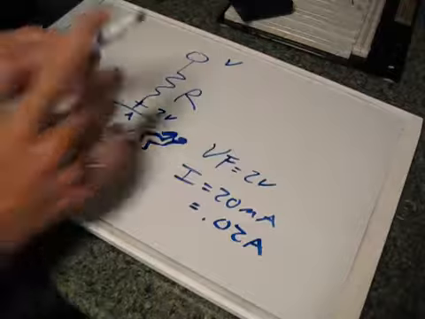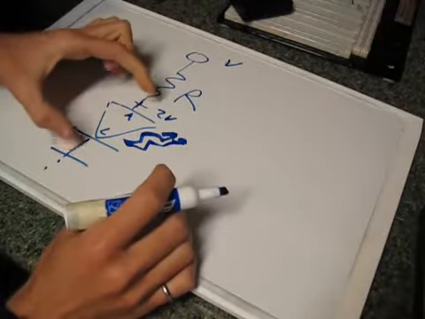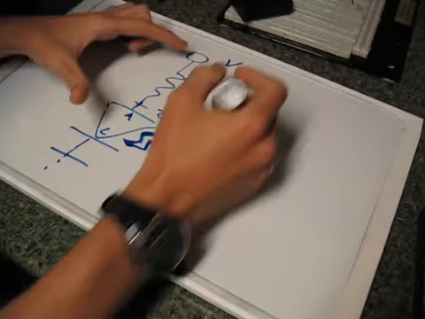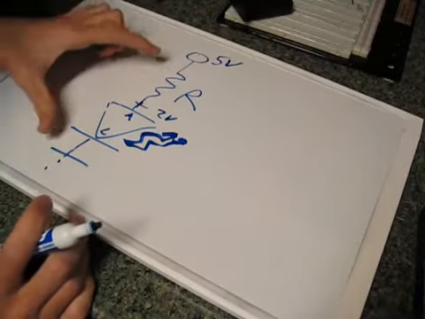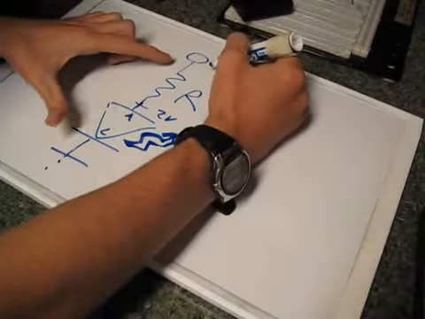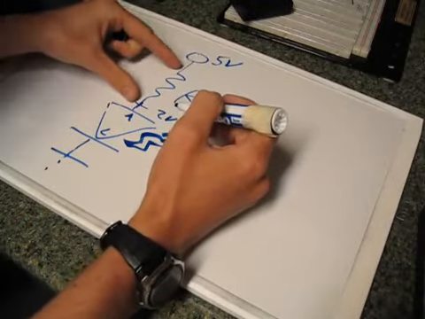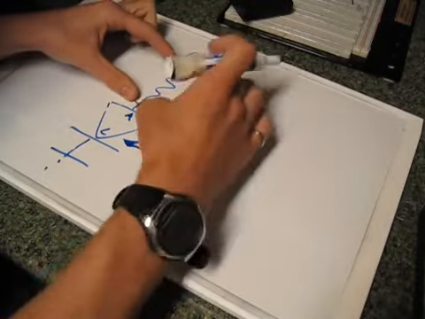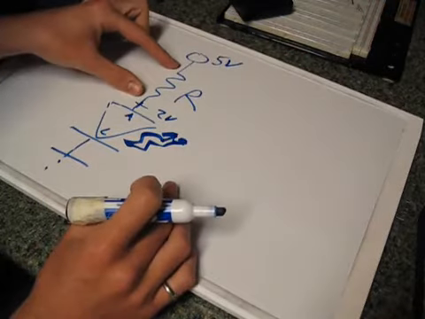If you have 2 volts there, and let's say we have 5 volts up here, then the difference, 5 volts minus 2 volts, means the resistor has a voltage drop of 3 volts, right? 5 minus 2 gives us 3 volts across there.